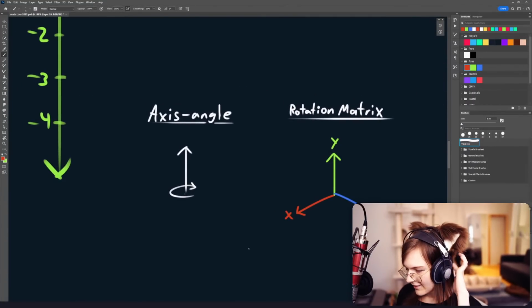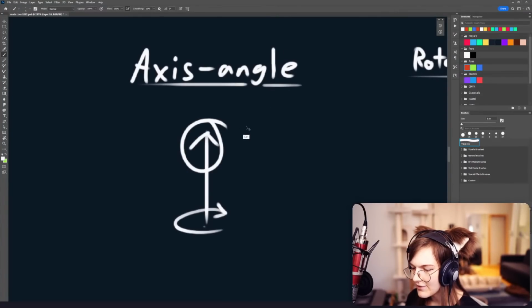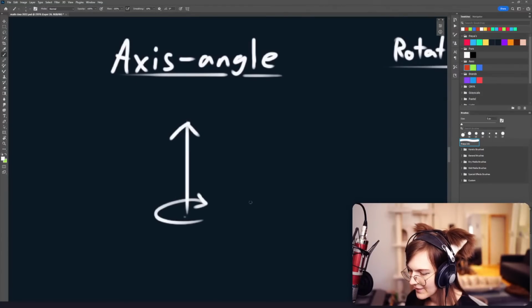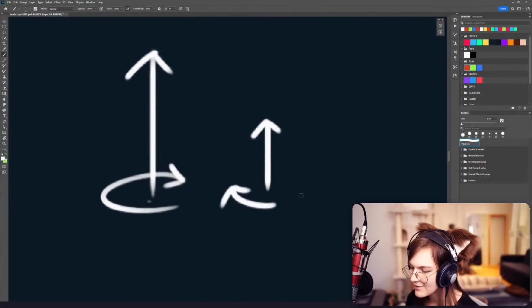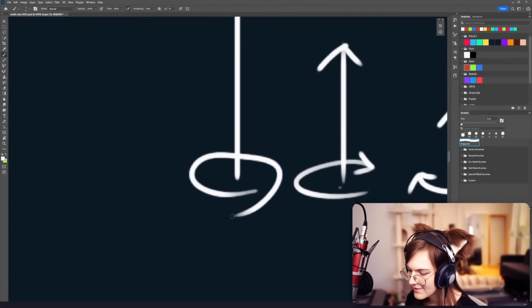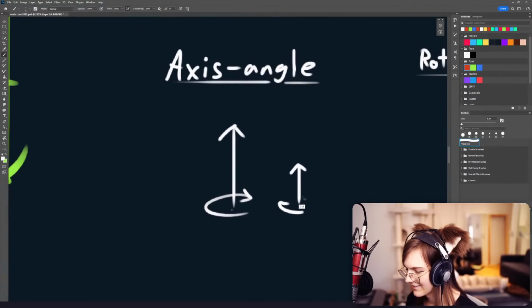Okay, so in axis angle, the length of the vector determines how much we want to rotate around that axis. If we have a shorter vector, it's not going to rotate as much. If we have a longer vector, it's going to rotate more. Wait, I did the wrong direction.